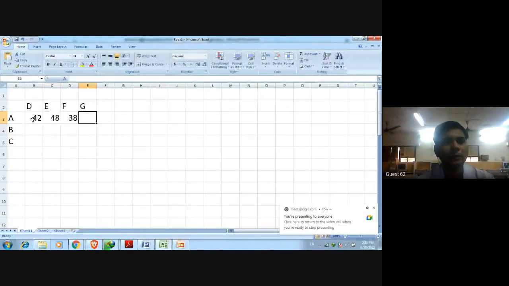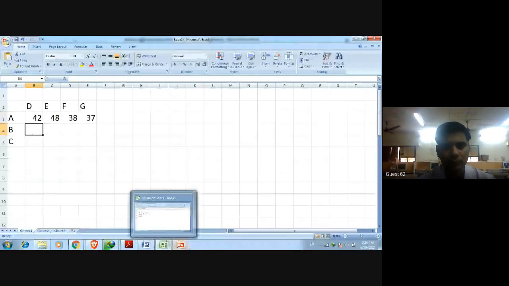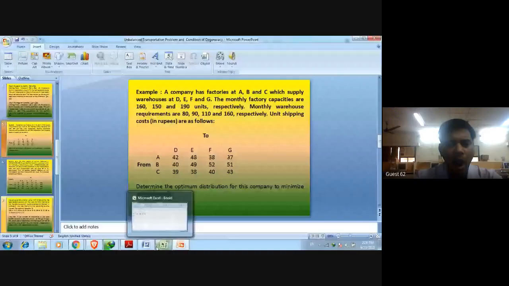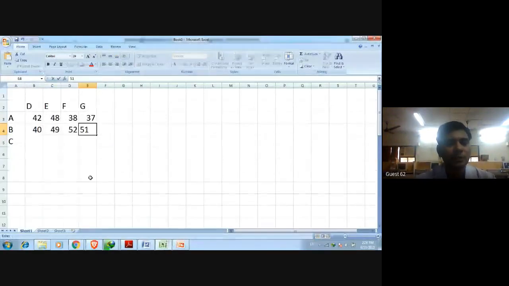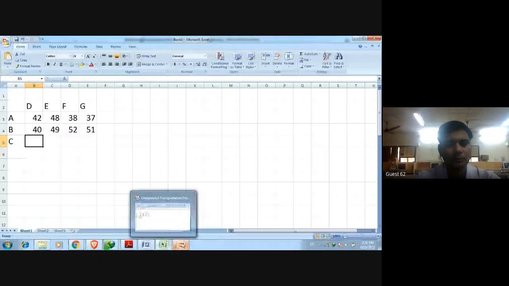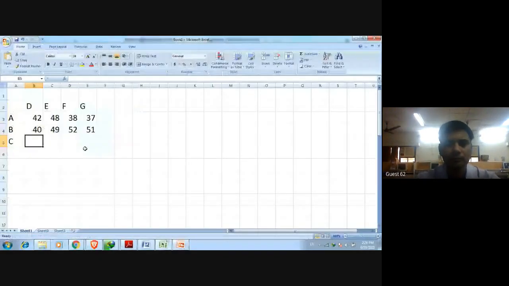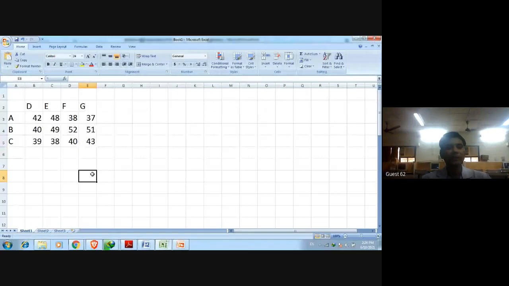These are the per unit shipping costs. Now similarly for B, these are the per unit shipping costs from factory B to D, E, F, and G. Similarly from factory C. Now we have written down all the per unit shipping costs from different factories to different warehouses.